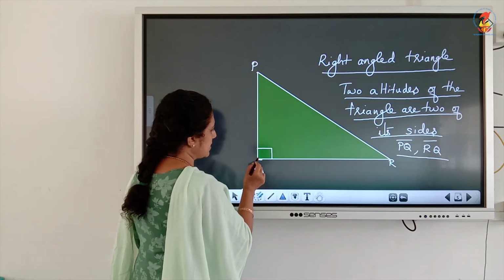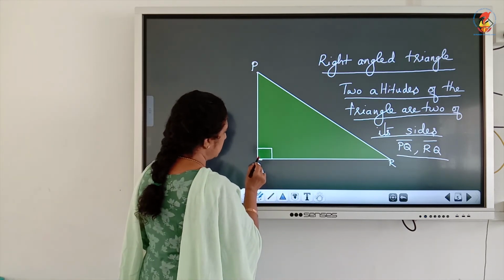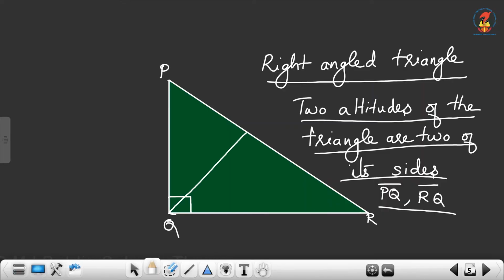So, from the vertex Q, we can draw the altitude to the opposite side, that is QS. So, a triangle has three altitudes. In the case of a right angled triangle also, we have three altitudes, and two altitudes of the triangle are two of its sides, that means PQ and RQ.